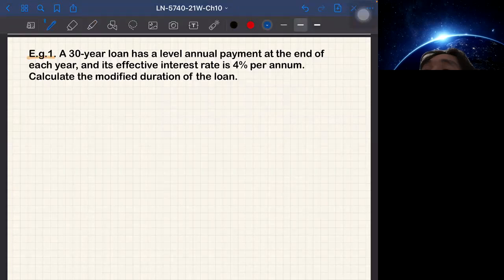So we can assume that each payment is 1 for the purpose of calculating duration. Because if, for example, each payment a sub t is not 1 but 1,000, everything becomes 1,000 times larger, so the duration does not change.